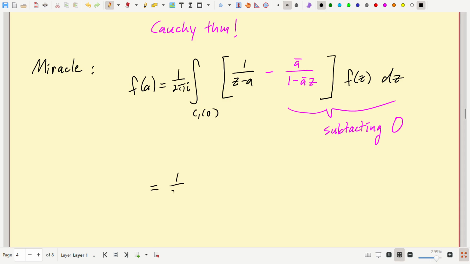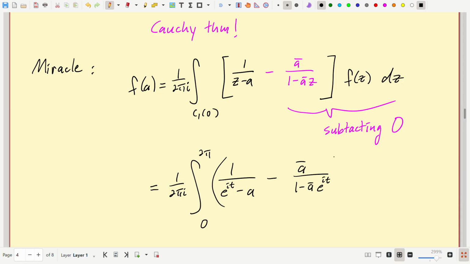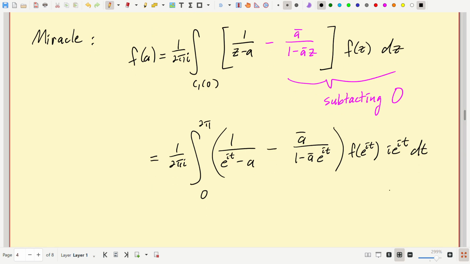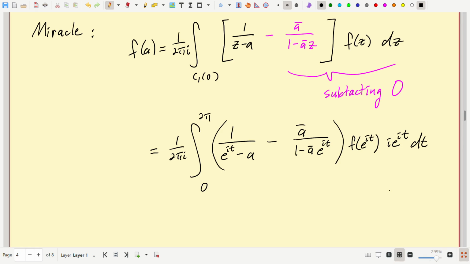That's going to be 1 over 2 pi i, integral from 0 to 2 pi, of 1 over e to the it minus a, minus a bar over 1 minus a bar e to the it, times f of e to the it, where dz is i e to the it dt. These two things on the bottom are conjugates of each other.